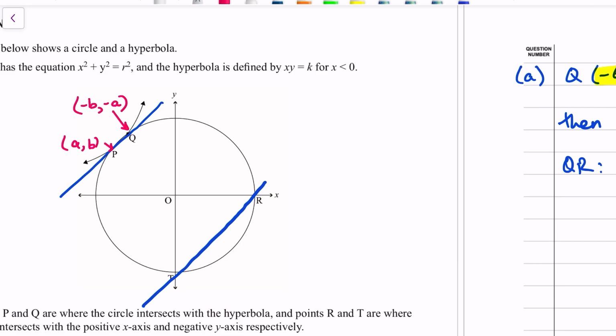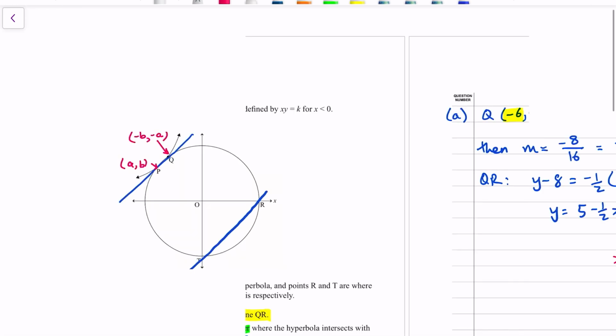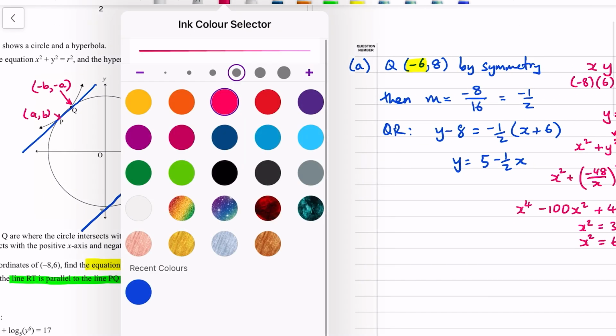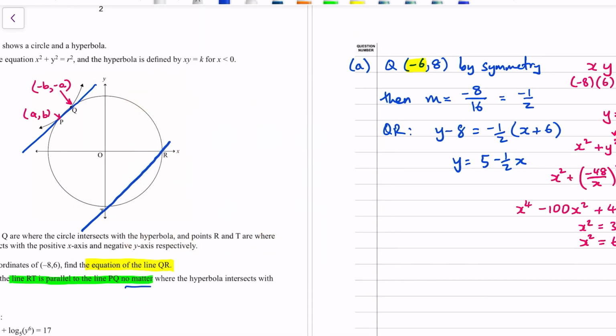Now, if we find the gradient between those 2 points, slope of PQ, rise over run, the rise is negative a minus b, and the run is negative b minus a, and we can see that that comes to 1.